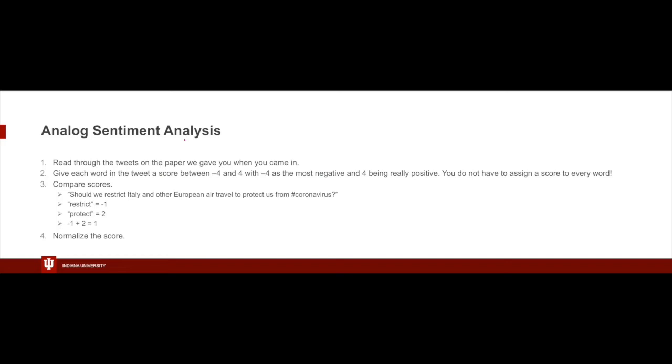Okay. All right. So when you add those together, if you scored it like I did, -1 for restrict, +2 for protect, you get a 1 when you add those together. What that means though, is we are going to have to normalize our scores, okay?